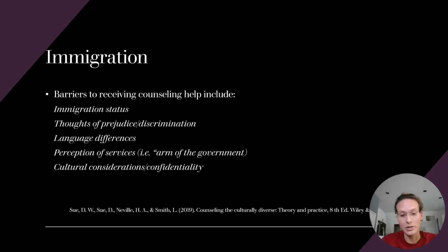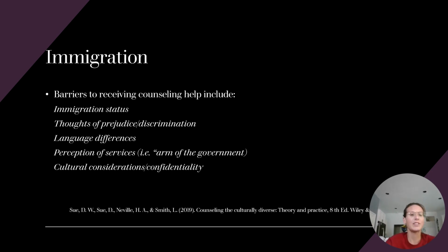They may be a refugee. All of these things to consider as far as the state of their mental health may hinge on their immigration status. They may have anxiety about being deported, all kinds of things that should be in the back of our minds.